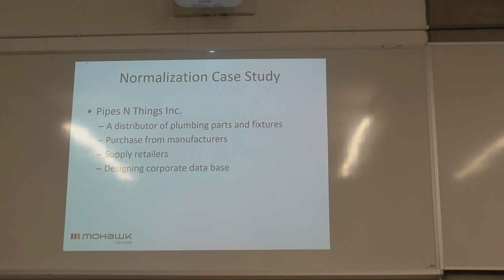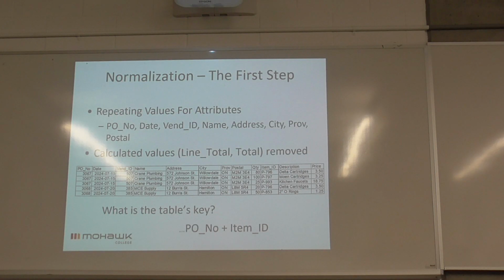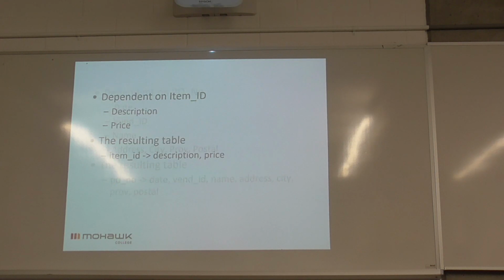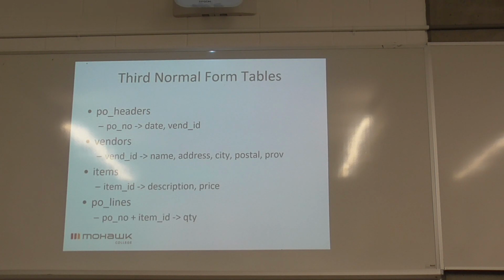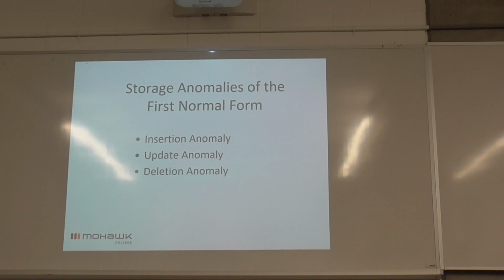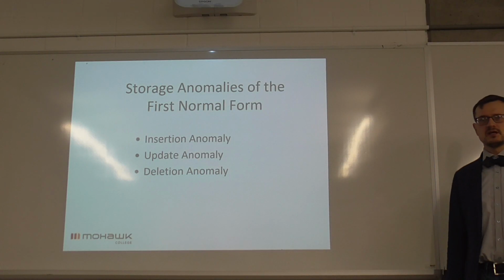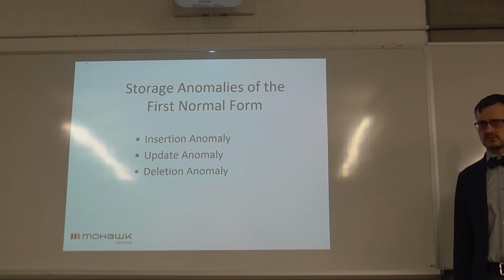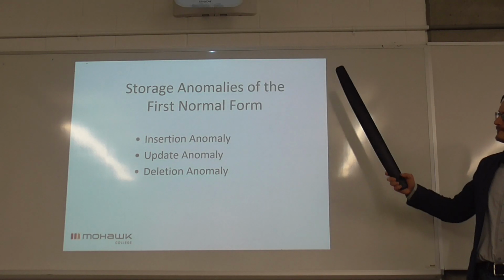More examples. Who cares? Case study. I'm going to skip through to a bit that I consider more interesting. I think these slides are slightly out of order. So, I'd like to now discuss storage anomalies as they pertain to the first, second, and third normal forms.